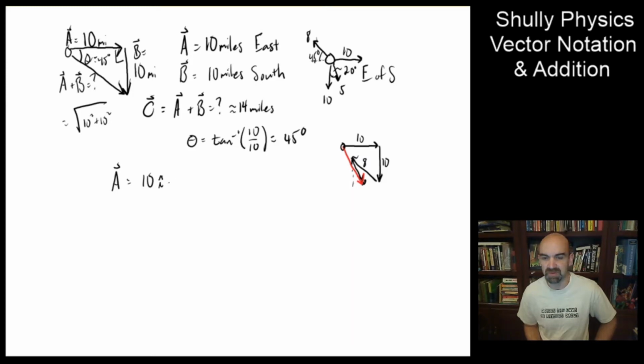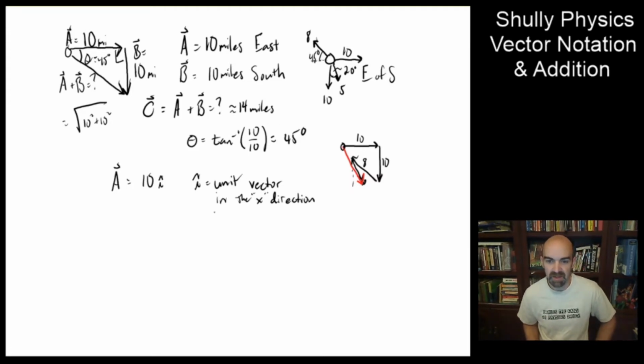And what this is, is a unit vector. I hat is a unit vector in the X direction, in the horizontal direction. So think about a coordinate plane, the X direction would be the I hat direction.